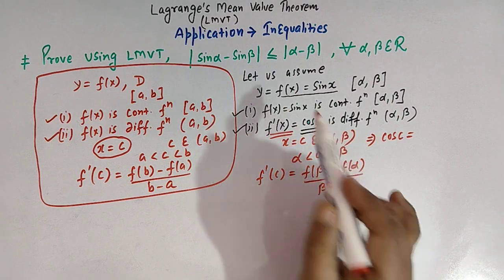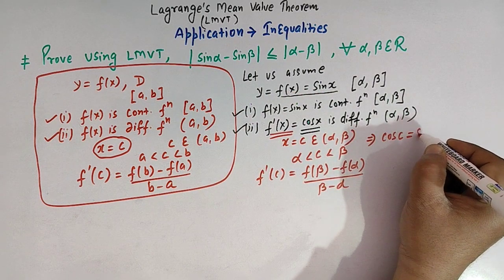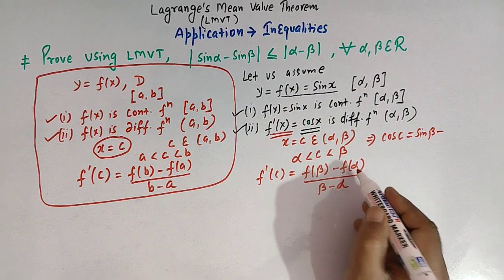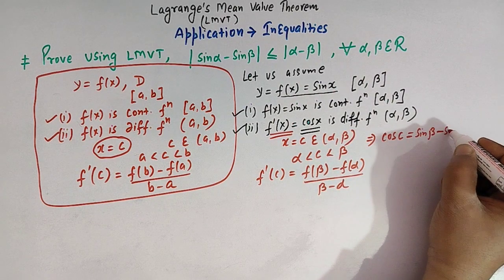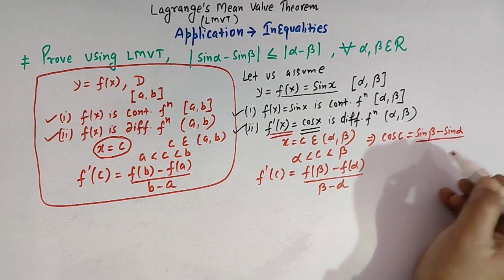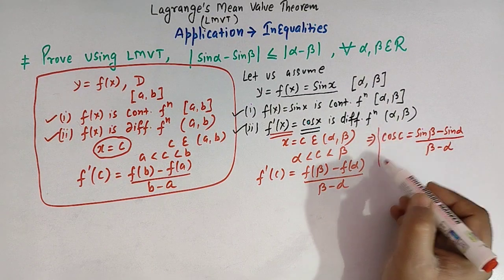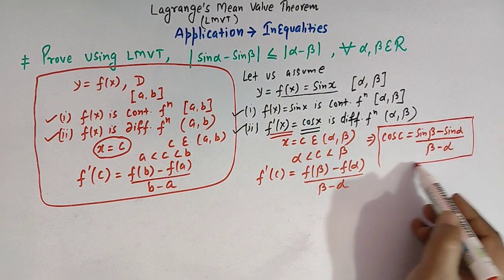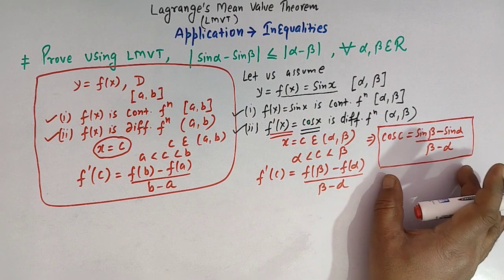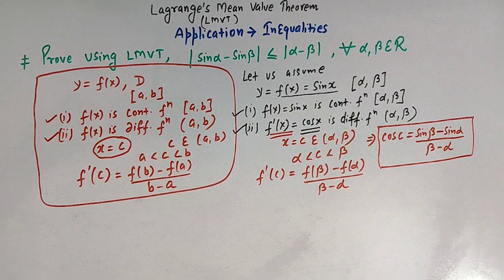Now f of beta can be obtained from here by taking x is equal to beta. So we have sine of beta, then we have f of alpha. So we have sine of alpha by taking x is equal to alpha, and here we have beta minus alpha, right? So now we have obtained this important expression which can be utilized to arrive at this inequality, right?